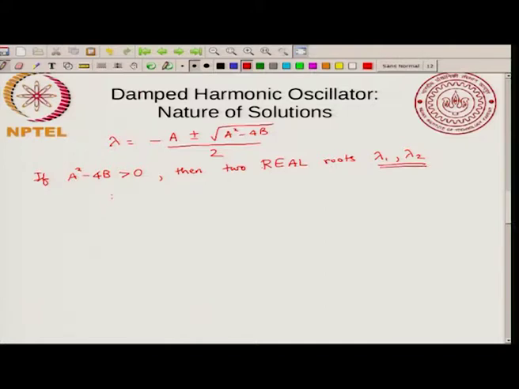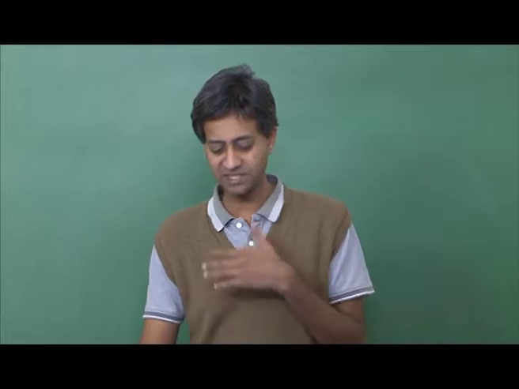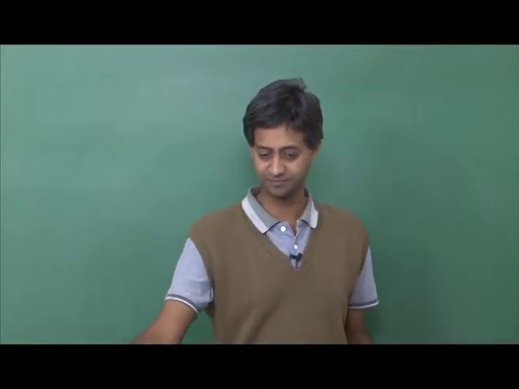Then the solution y is equal to C1 e to the lambda 1 x plus C2 e to the lambda 2 x. So it's basically a sum of two exponential functions. And lambda 1 can be positive or negative. If it is positive, then it is exponentially increasing. If it is negative, it is exponentially decreasing.